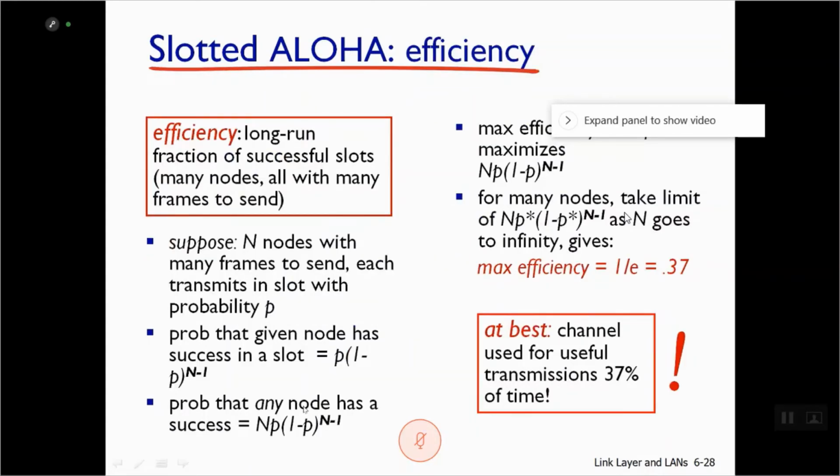Then we have the efficiency of slotted Aloha. What do we mean by the efficiency here? The fraction of successful slots out of the slots that we have denotes the efficiency. Slotted Aloha obviously would work perfectly when there is only one node, it will get the full rate without wasting unnecessary slots.